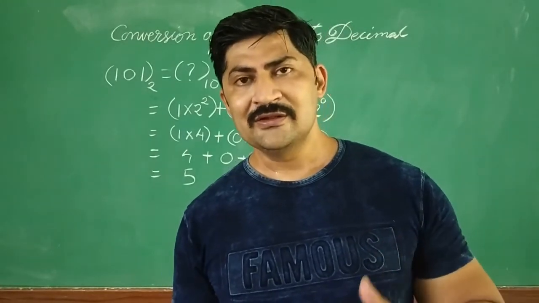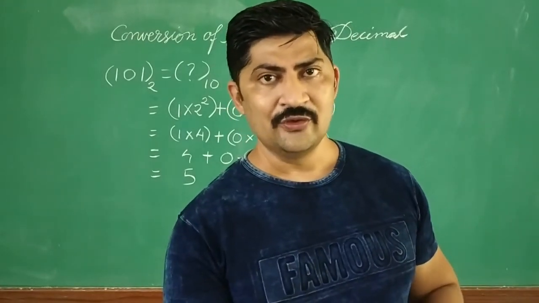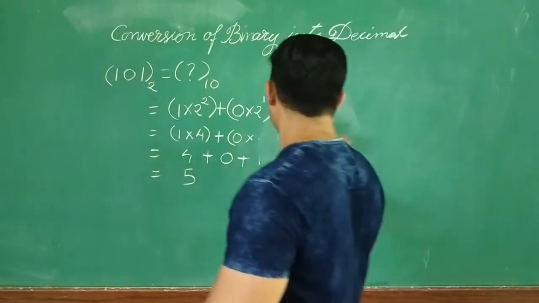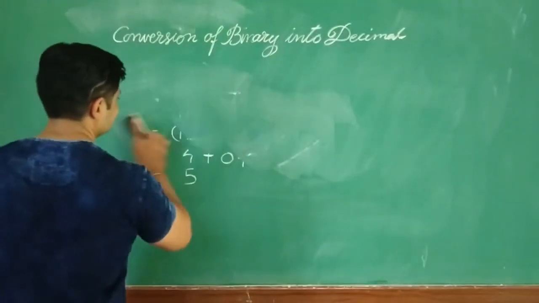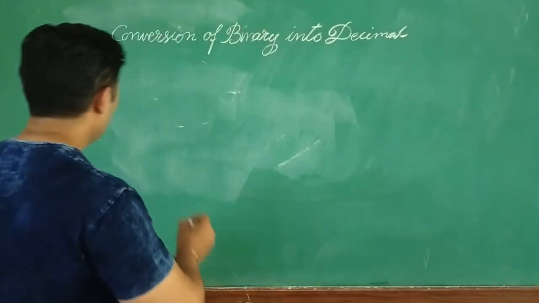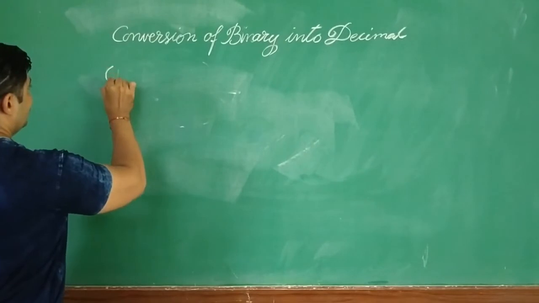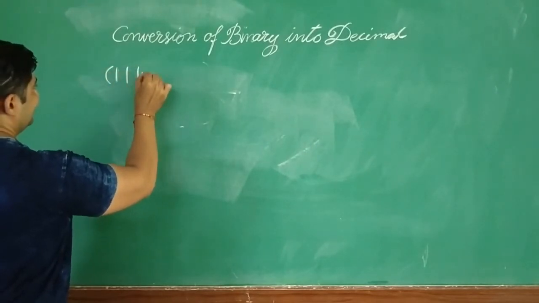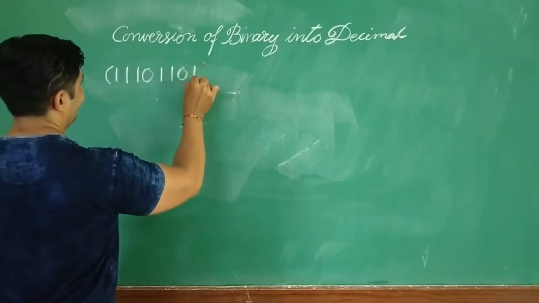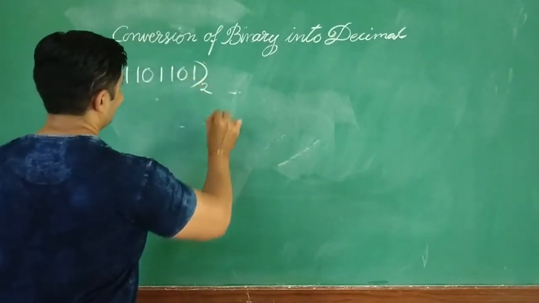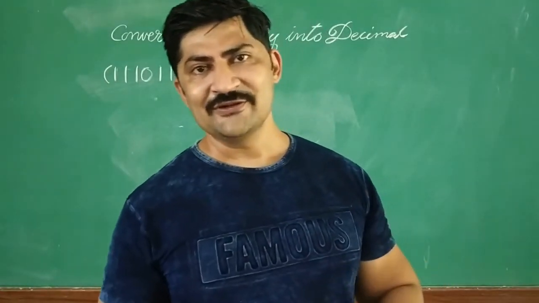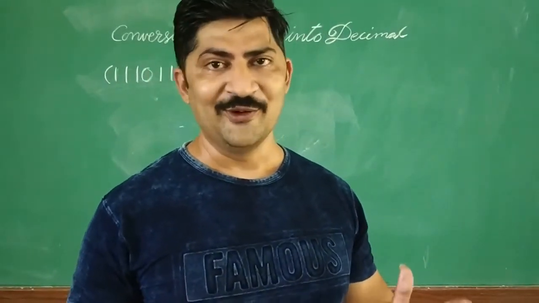Now, I will solve one more example to clarify the thing. 1, 1, 1, 0, 1, 1, 0, 1. Now in exams, this simple example which we solved just now, that is 101, may not be asked.